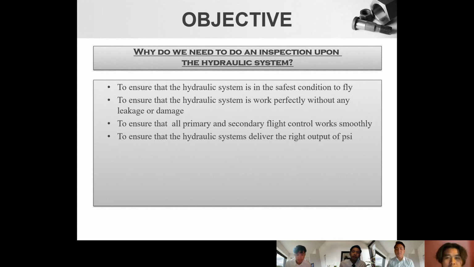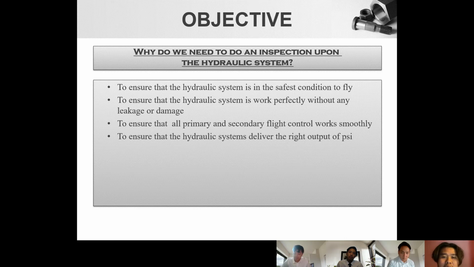And onto the objective of the inspection of the hydraulic system. So we go to the next slide. That is the objective. Why do we need to do an inspection of the hydraulic system?